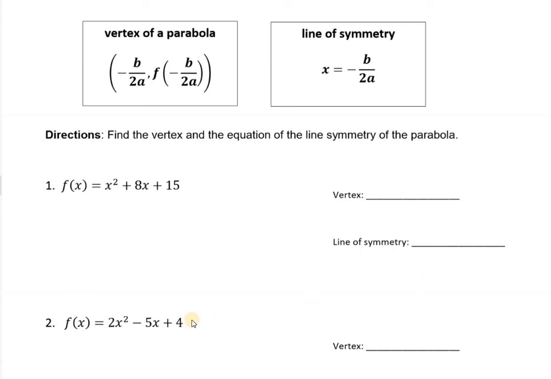So my first problem here, I need to find the vertex and the equation of the line of symmetry. So the first step in finding the vertex is figuring out the x-coordinate of the vertex. And I'm going to find the x-coordinate by finding negative b over 2a. So that's going to be negative 8 over 2 times 1, and that's negative 4. So the x-coordinate of the vertex is negative 4. Now I need to find the y-coordinate.